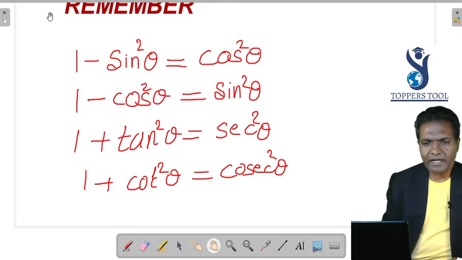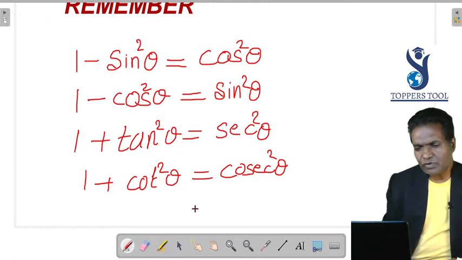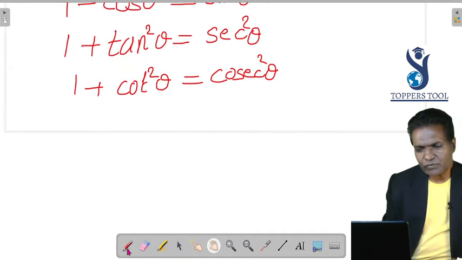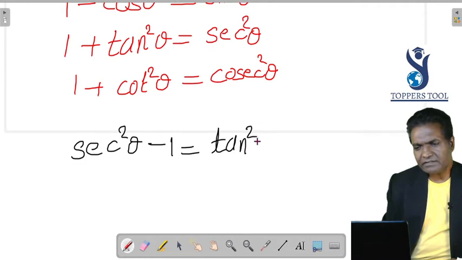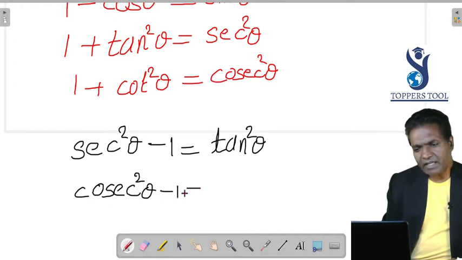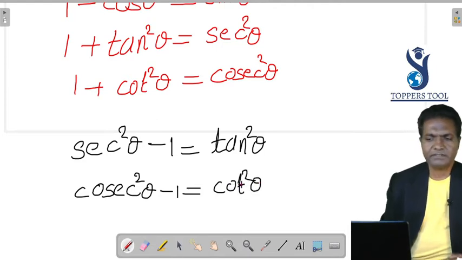Okay, and also note these two. Secant square theta minus 1 is tan square theta. Similarly, cosecant square theta minus 1 is cot square theta.